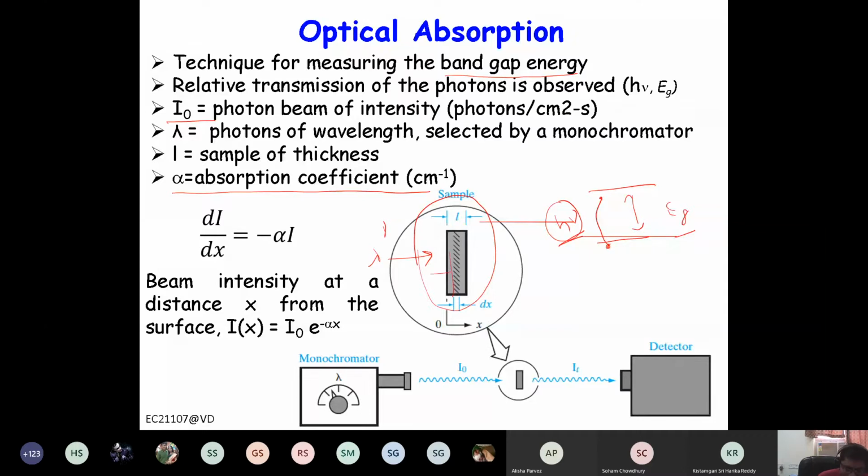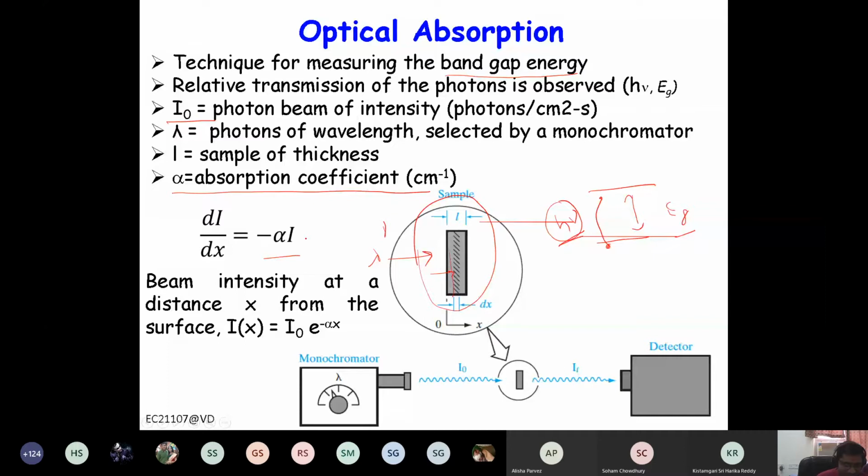As this radiation is moving, its energy will reduce because alpha is the absorption coefficient. So alpha times I will be the absorption, right? So you can write dI by dx is alpha times I. There is a negative sign because it's absorption, right?